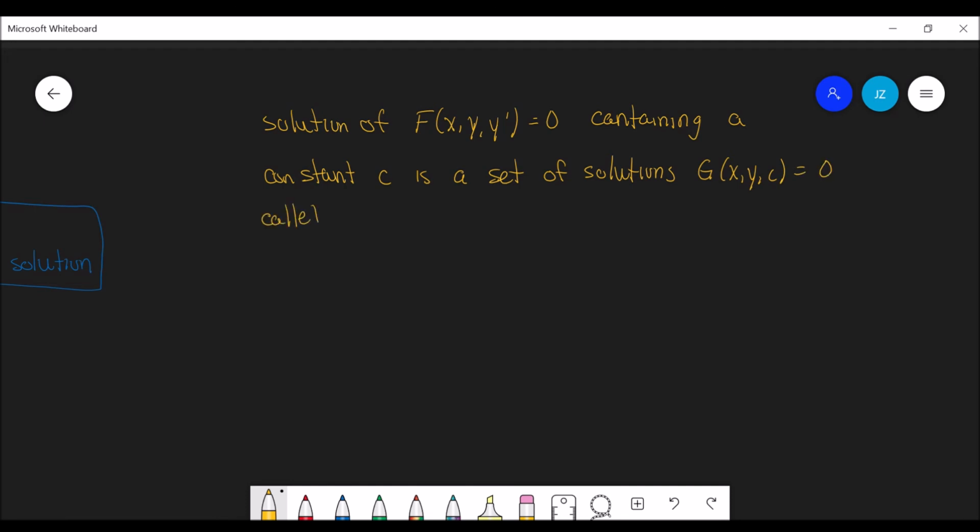And this set of solutions is called a one-parameter family of solutions.